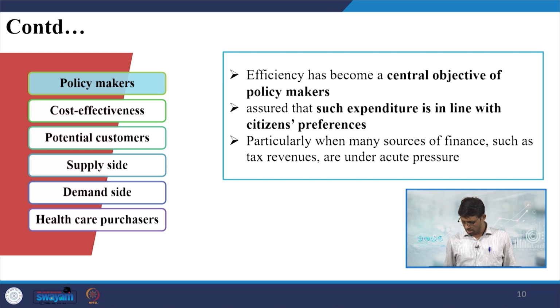The efficiency score gives us a direction for further policy making. As I just said, expenditures should be as per citizens' preferences, viable and justified, particularly when many sources of finance such as tax revenues are under acute pressure.